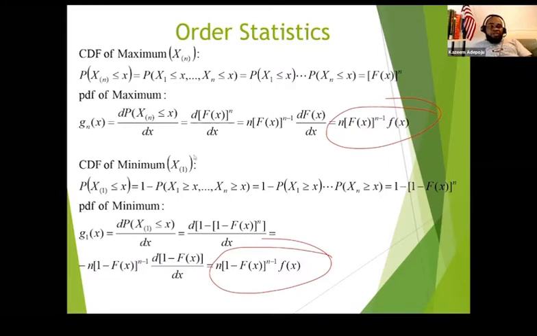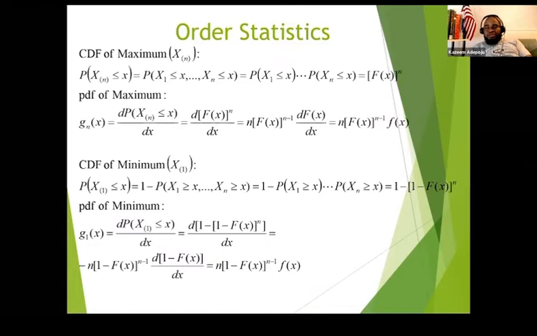If you take a look at the two, you're going to see that the PDF of the maximum and the PDF of the minimum are functions of the PDF and the CDF of the unordered random variable x.